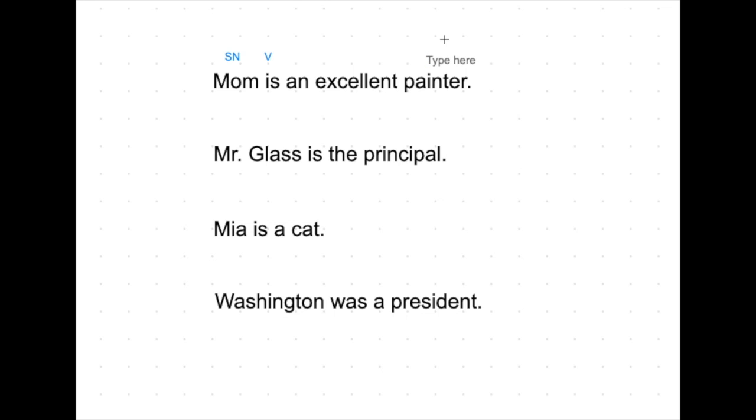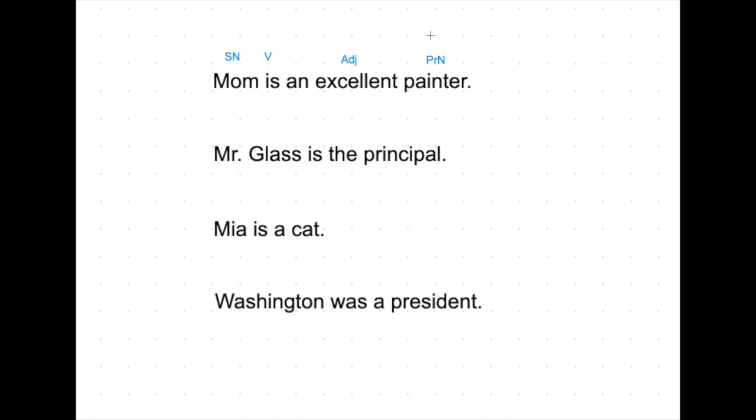So we know that painter is a predicate noun, and we're going to label it P-R-N. What kind of painter? Excellent. So we're going to label that as an adjective. And actually, I should have done this first.